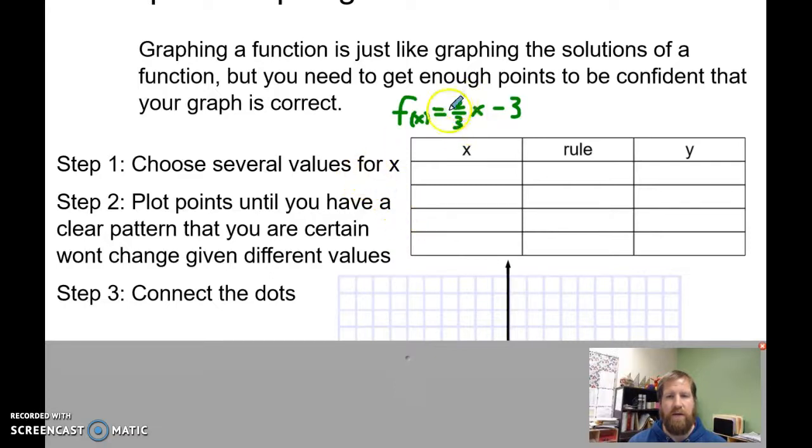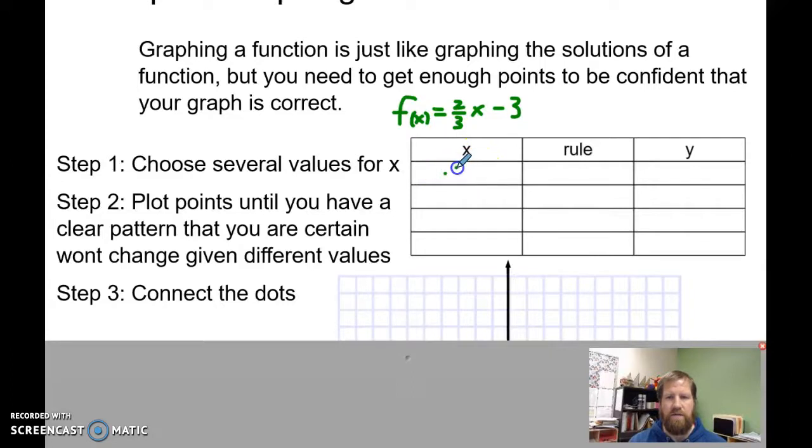For instance, when I have a fraction or I have my x value being divided by something, I will usually choose multiples of the denominator. Okay, so here I have 2/3 x minus 3. I'm only going to choose multiples of 3.